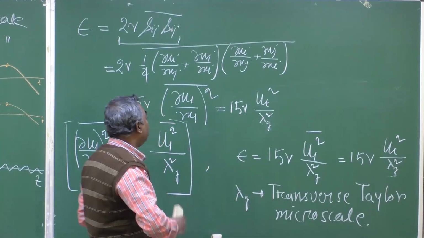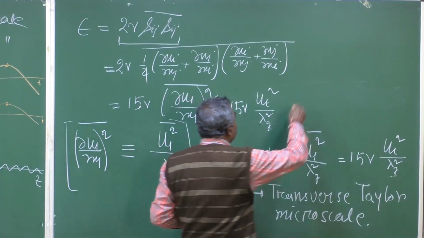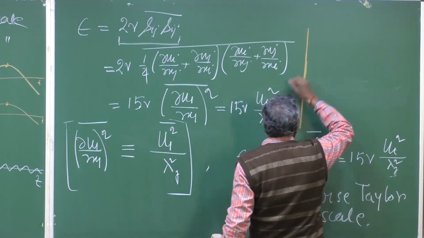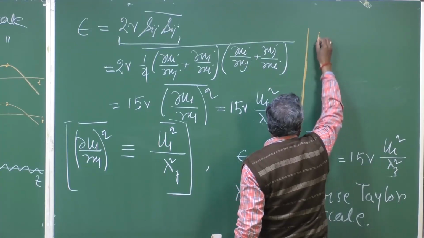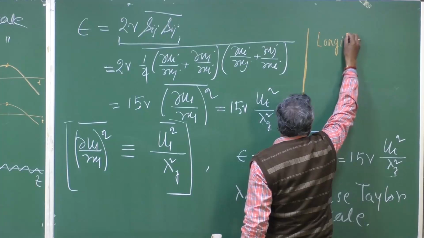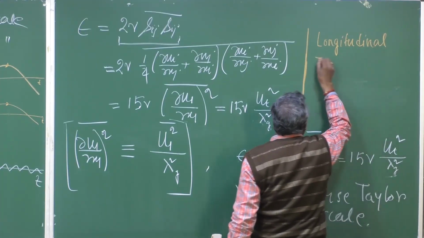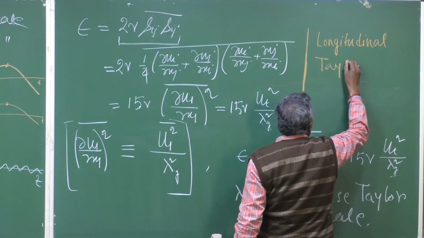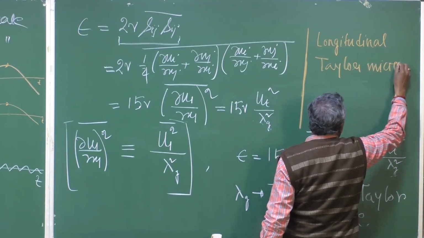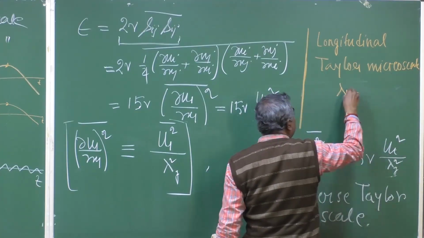There is also a relation of Taylor microscale in isotropic turbulent flow. There are two types of Taylor microscale, one is the transverse Taylor microscale and the other is the longitudinal, which we know as lambda 1.